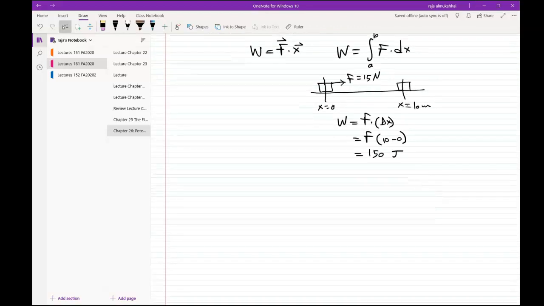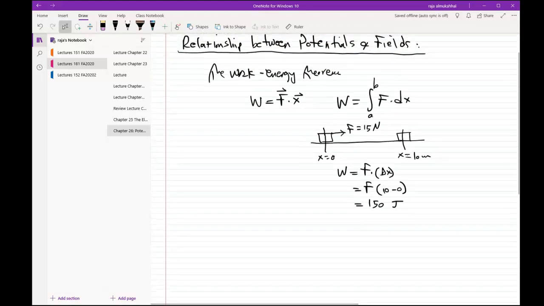Now, the work-energy theorem tells you that there are two other forms where you can get the value of the work. The first one is that the work is equal to the difference in kinetic energy, okay? And also the work is equal to the difference in potential energy, okay?